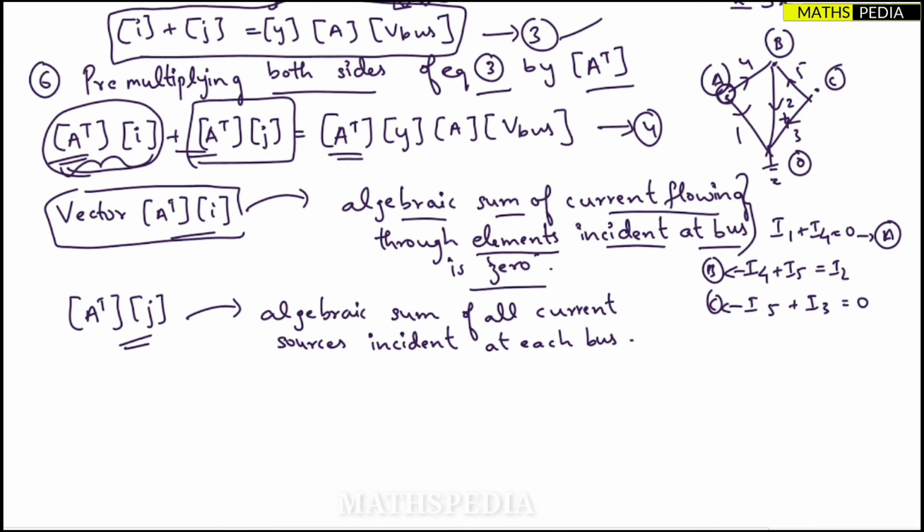So here also you need to understand, A transpose into J is nothing but an algebraic sum of all current, but here it is nothing but sources, current sources incident at each bus. There is a difference, correct? This is current sources at each bus.